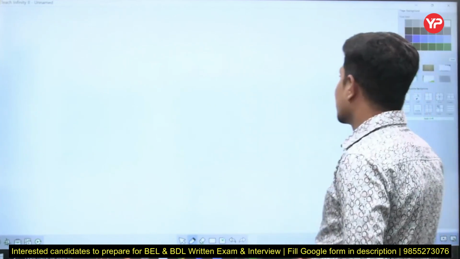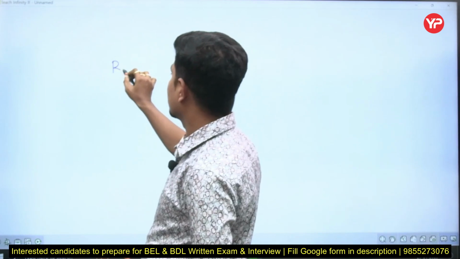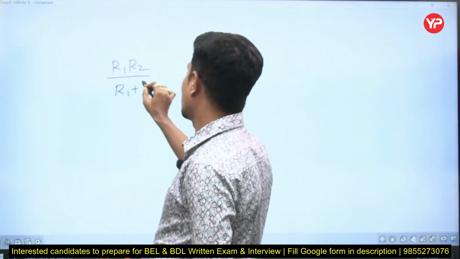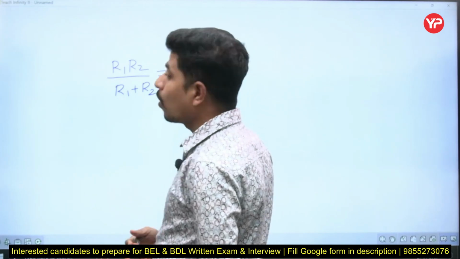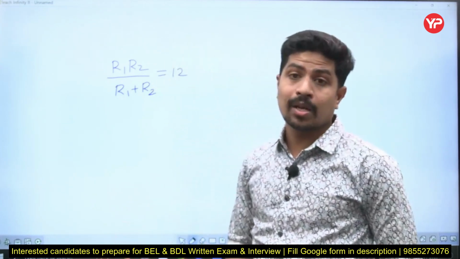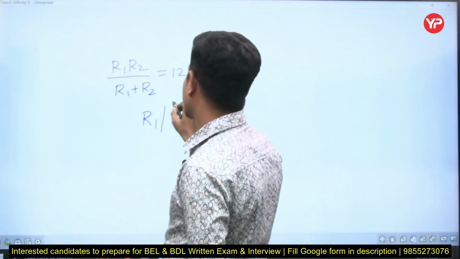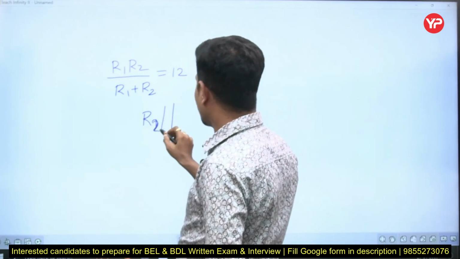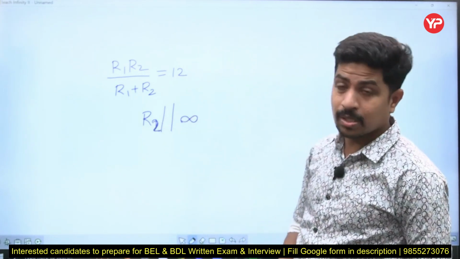If both the resistances are in parallel combination, R1 R2 by R1 plus R2 is equal to 12 ohms. Now I assumed that R1 is broken, R2 is present. R2 in parallel with R1 broken means its resistance is infinite, broken means open circuit.